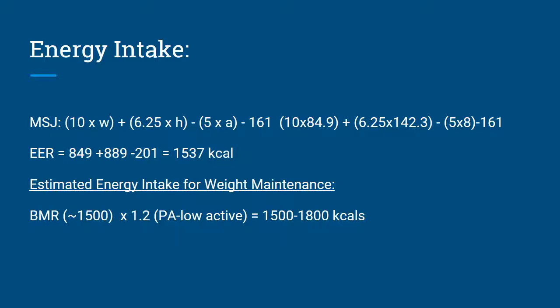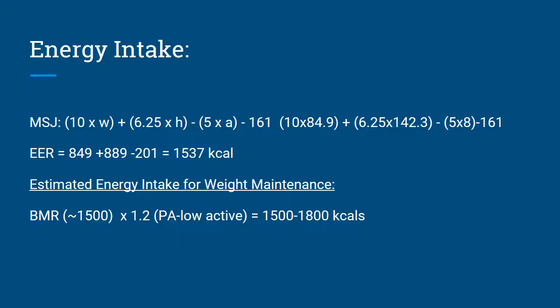Using the Mifflin-St Jeor equation for estimating energy intake, the patient's EER was estimated at 1,537 kilocalories. And as you can see from the previous slide, her typical daily intake is about 1,900 calories, although her 24-hour recall dietary intake was significantly lower than the 1,900 estimated typical daily intake.